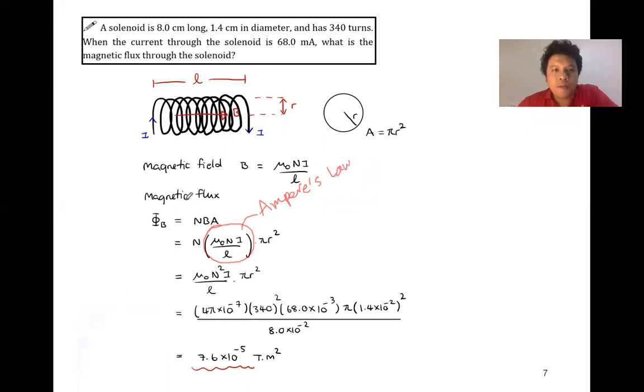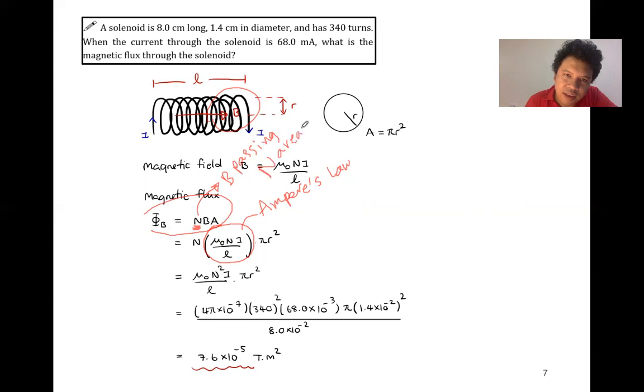And then this solenoid coil creates the magnetic field B, and we use the magnetic flux as NBA. We have N here because the field B is passing through N areas.